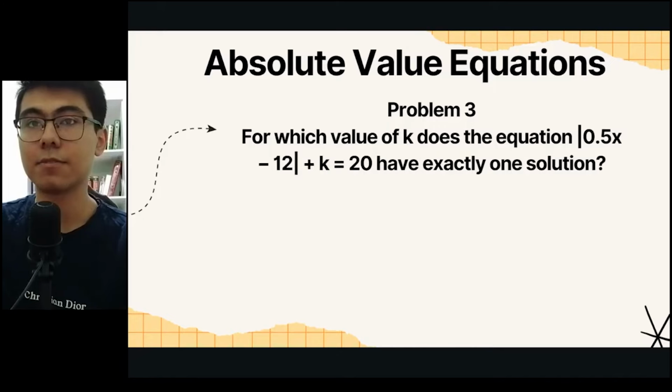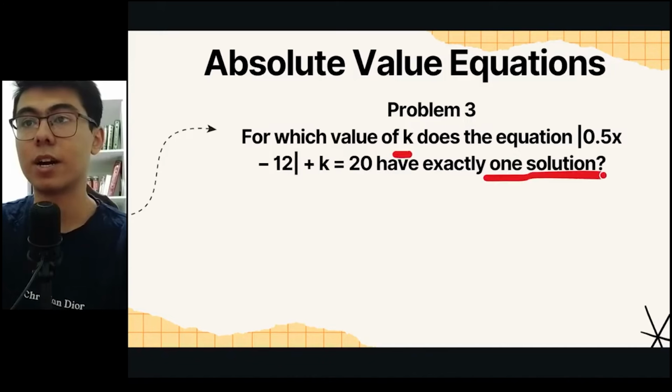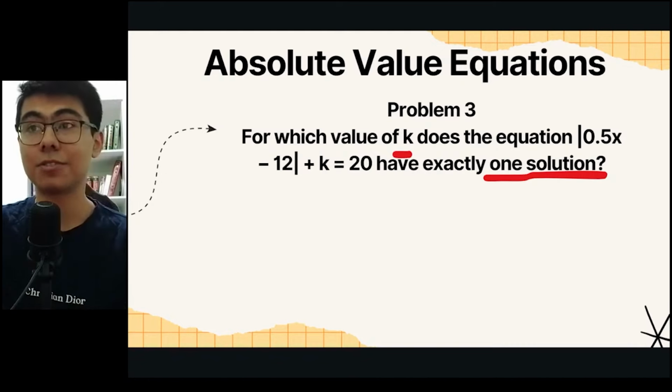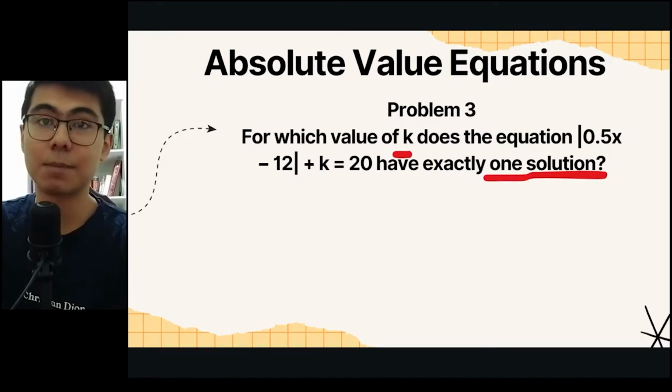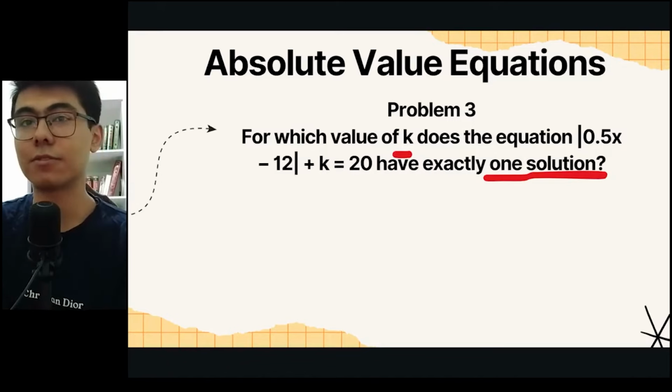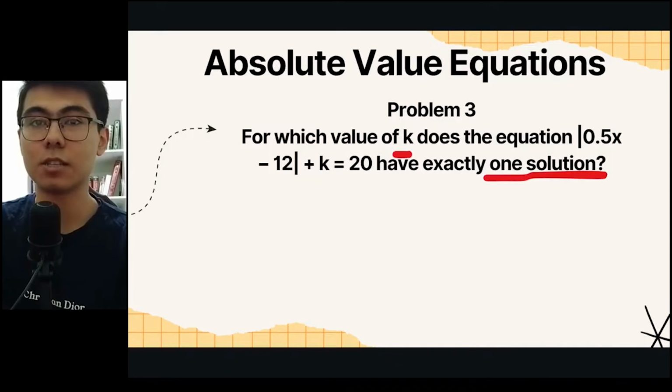It says, for which value of k does the equation have exactly one solution? As I already told, we already covered when absolute value equations have one solution. So the first thing, you can actually write the answer in the chat if you want to.